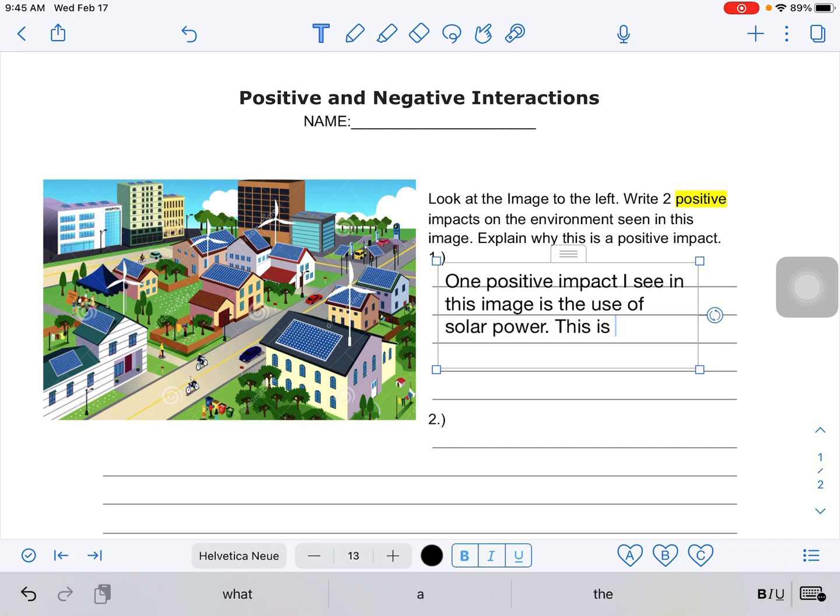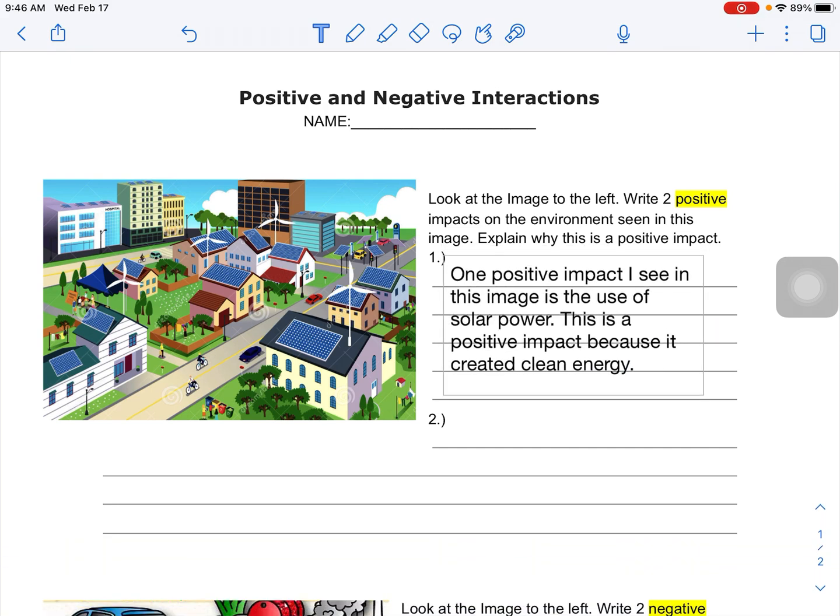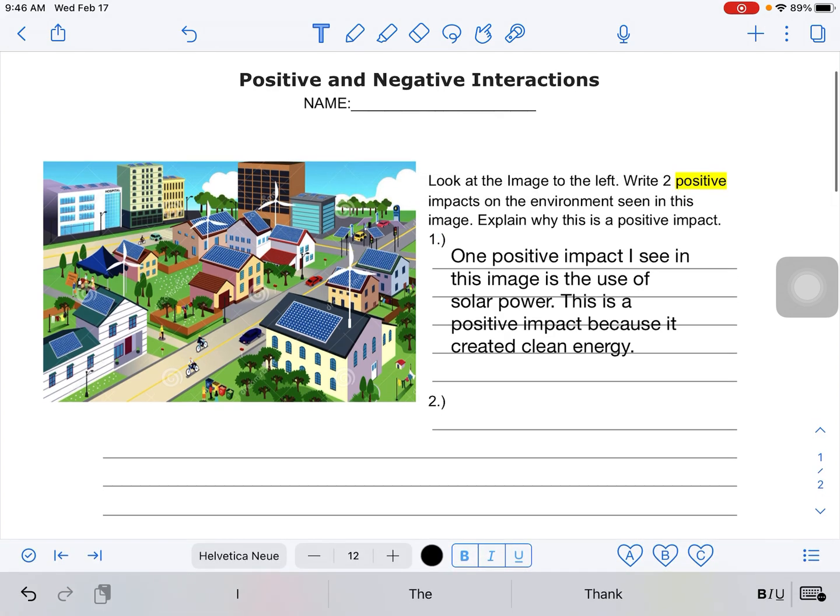This is a positive impact because it creates clean energy. Period. That could be an example here for my first sentence or my first section.